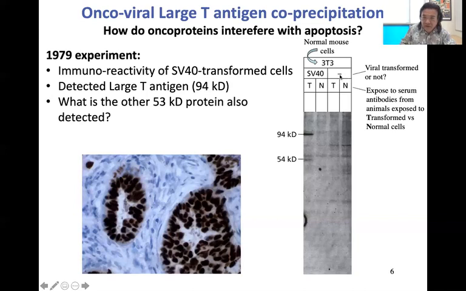You have a group that's the control, no virus. The other group, you go ahead and transform by exposing them to SV40 virus, which causes them to transform. Then you lyse these cells to take out all of the proteins inside of them, and interrogate what proteins are different between the transformed cells versus the non-transformed cells.